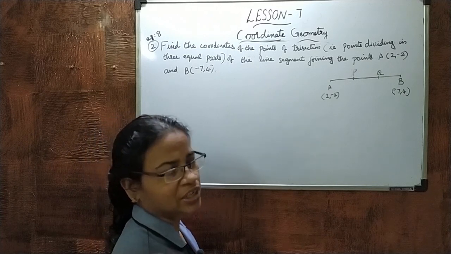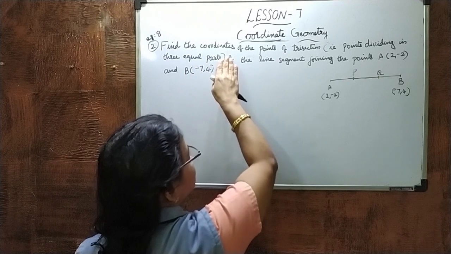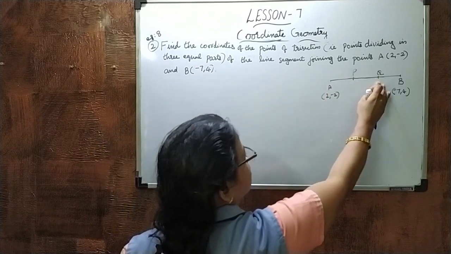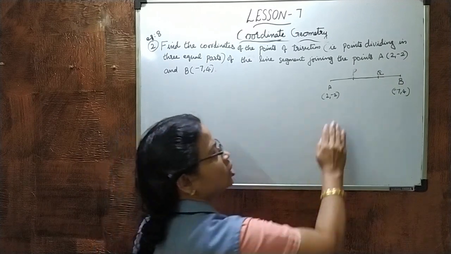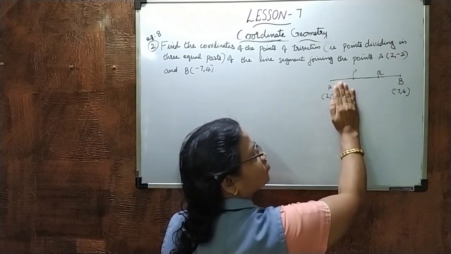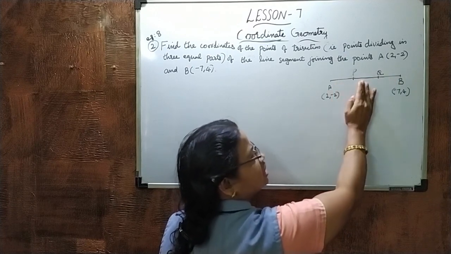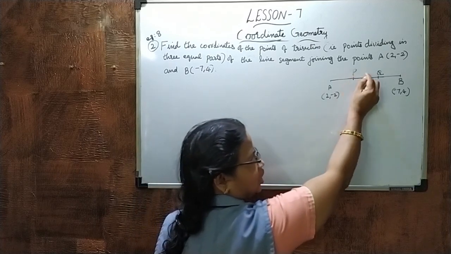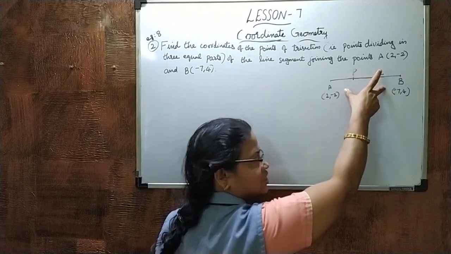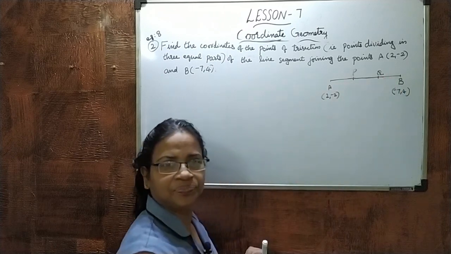The points dividing in 3 equal parts means that these 2 points divide this line segment into 3 equal parts: first one, second one, third one. This P and Q divide this line segment into 3 equal parts.